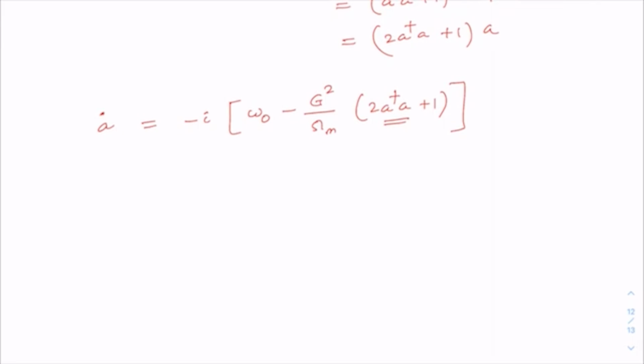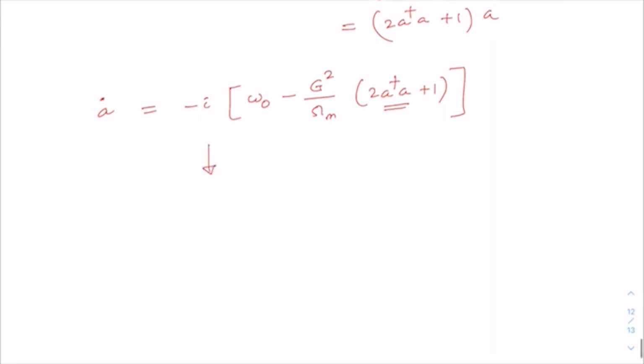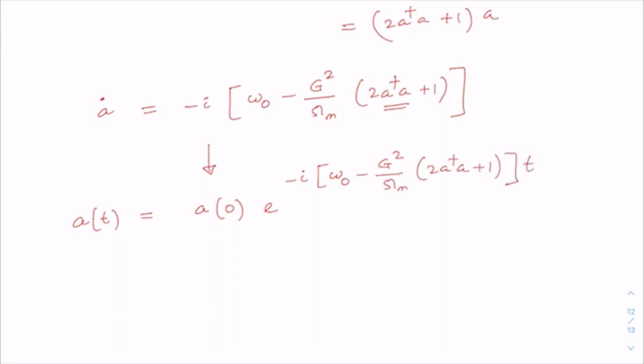So we can easily write a solution for this optical mode, and that would be a of t is equal to a of 0 e to the power minus i omega 0 minus z square by omega m twice a dagger a plus 1 into t. Let me again tell you that a dagger a is a constant of motion.